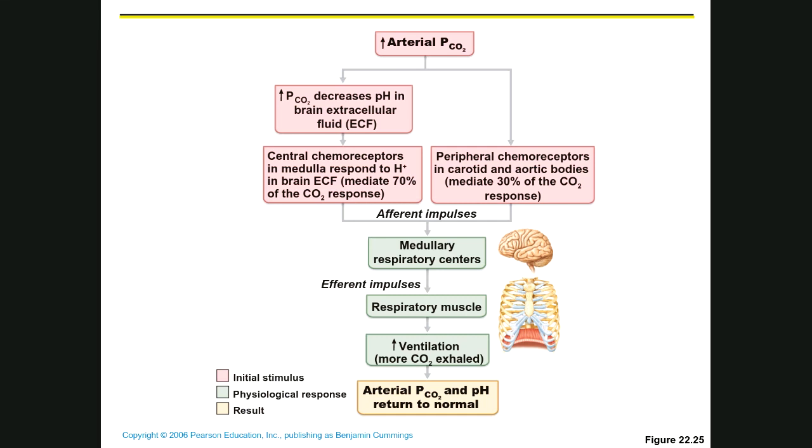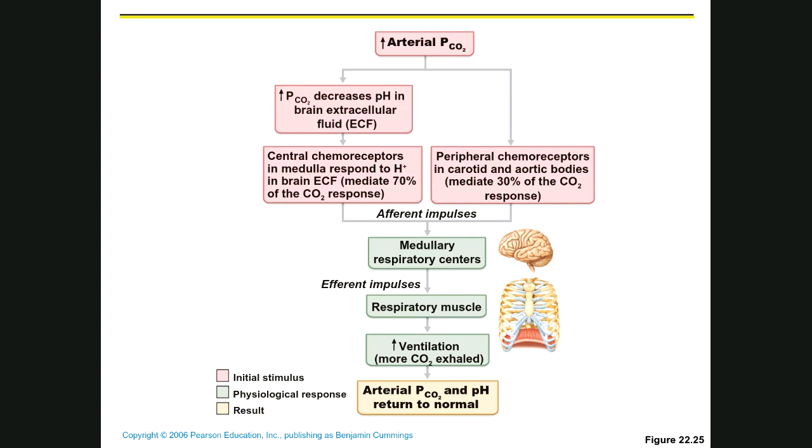And so there are monitors for carbon dioxide. They're called chemoreceptors. And those chemoreceptors are found in two places. They're found in the aorta and the carotid. Those are called peripheral chemoreceptors.